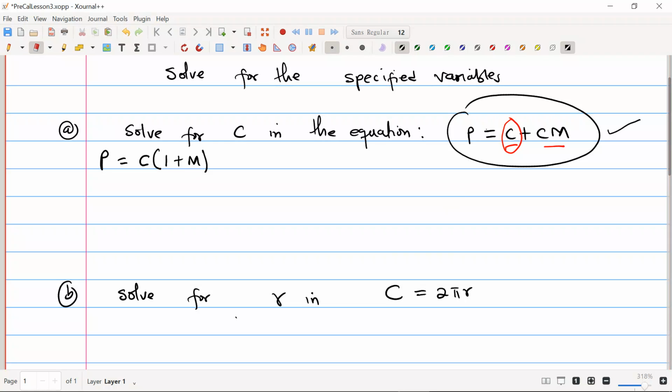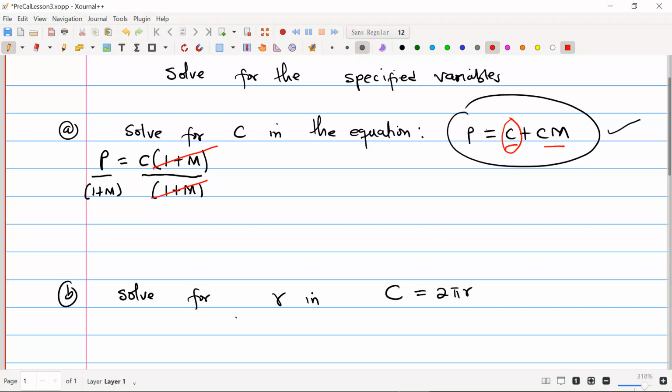Okay, on the other hand, we can divide each side by whichever expression is attached to the c, so that c will be standing alone. So I'm going to divide the left side by the expression 1 plus m, and divide the right side by 1 plus m. If I do that, this whole expression is one entity, so it cancels out.